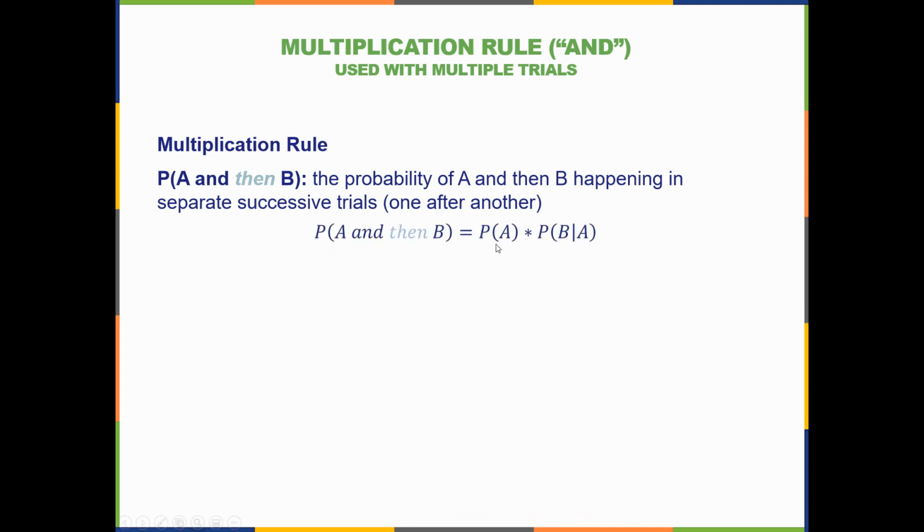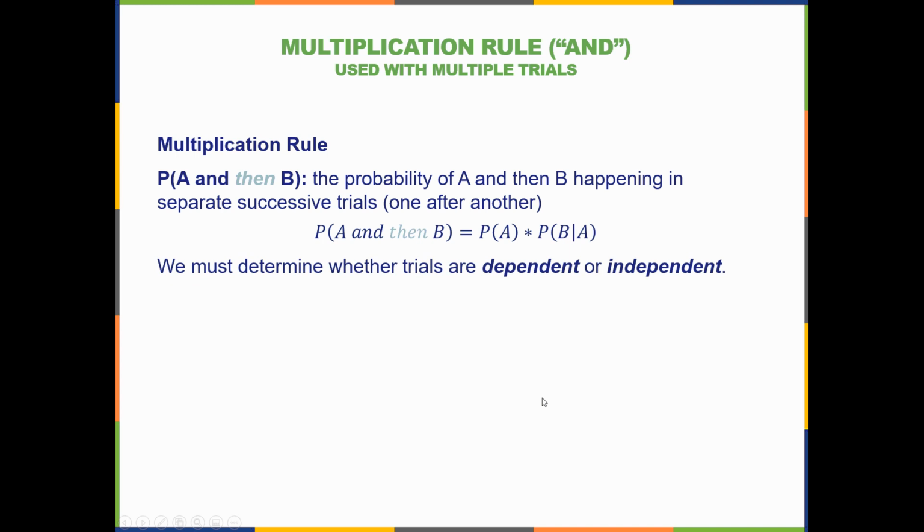When you use the multiplication rule, you multiply the probabilities together, being careful to adjust the probability of B so that if A happening before made some kind of difference to whether or not B would happen, you are accounting for that. Right? Sometimes when one thing happens, it changes the likelihood of another thing happening.